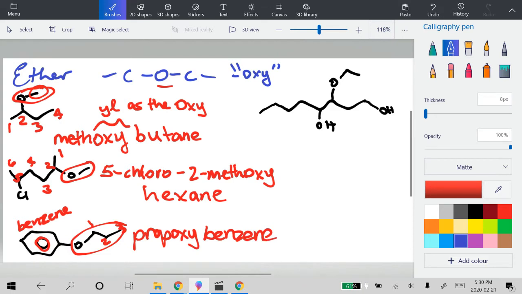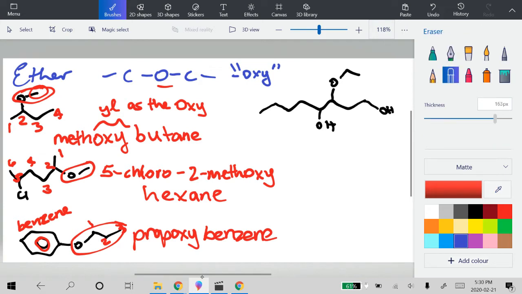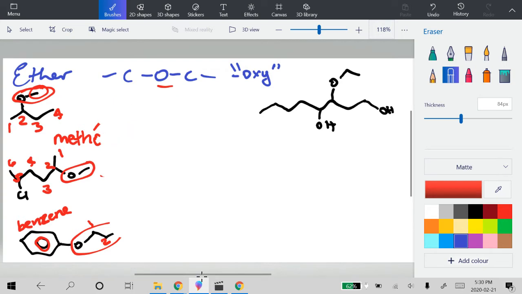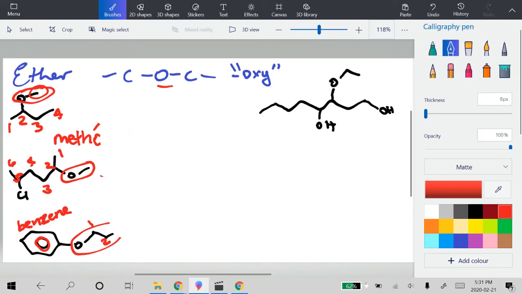So we've worked up harder and harder to this final example on the right. Which is a little more difficult with these hydroxy side chains as well as the oxy as the ether side chain.